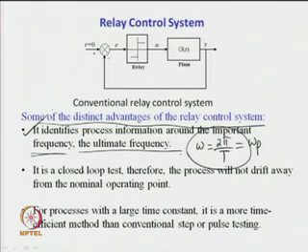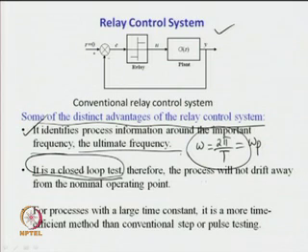What other advantages do we have from the relay control system? It is a closed loop test. As you see, relay is put in closed loop. When the feedback is broken, at that time we cannot ensure sustained oscillatory output. Therefore, there must be negative feedback for the relay control systems. So, we have a closed loop test system which is known as relay control system.